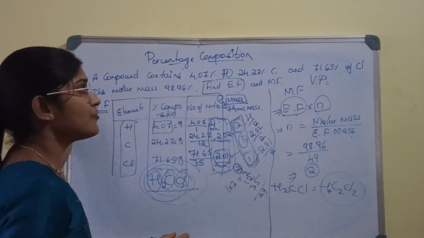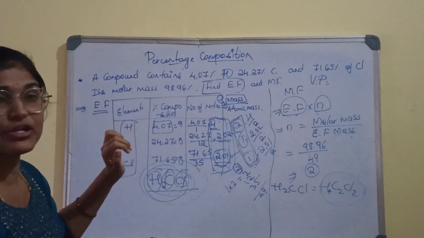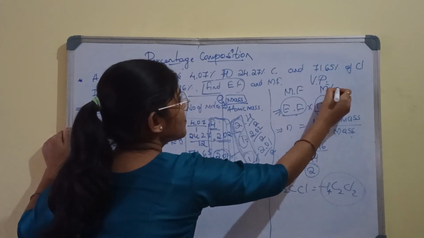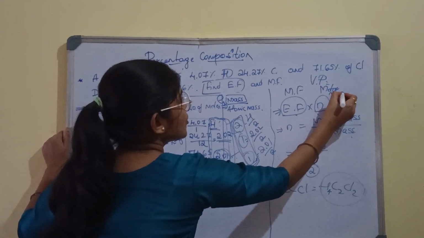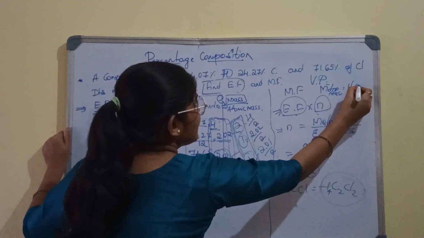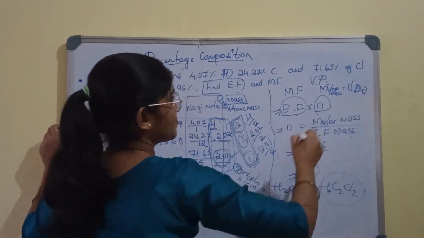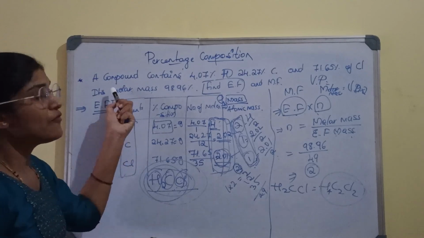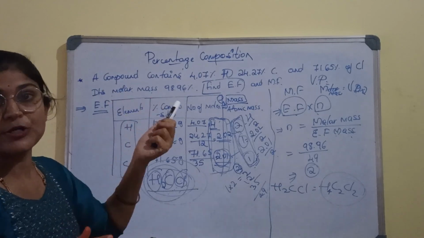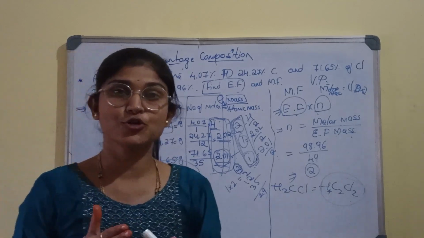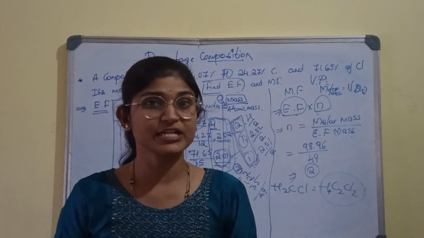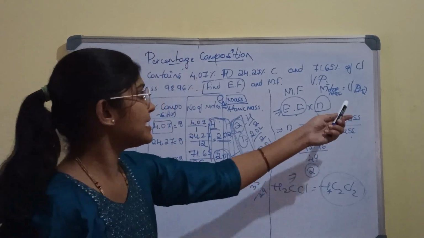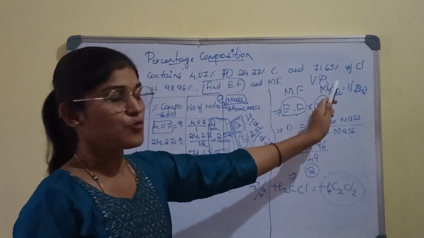To find molar mass from vapor density, molar mass is equal to vapor density into 2. In case they have given vapor density, that should be converted into molar mass. Then you will get molar mass.